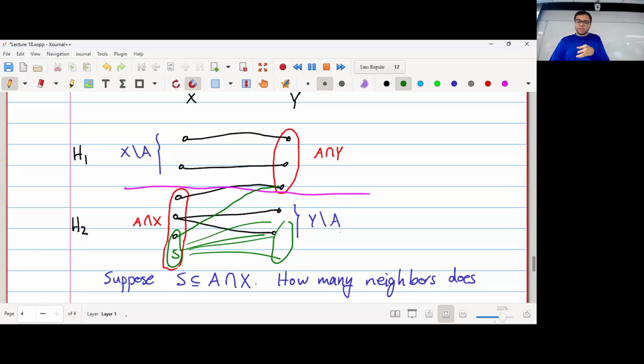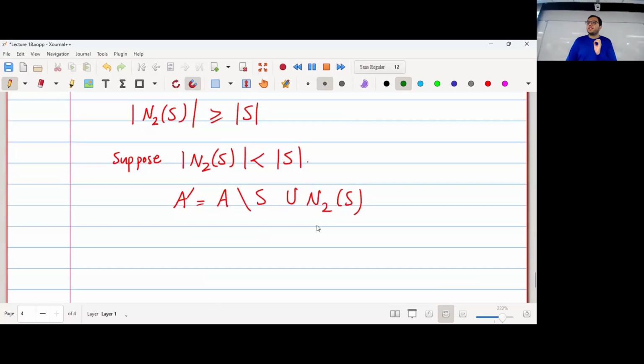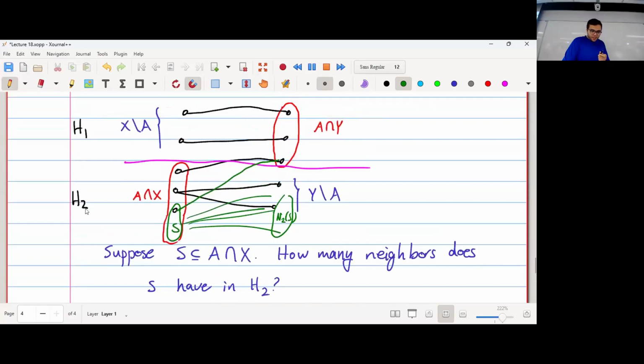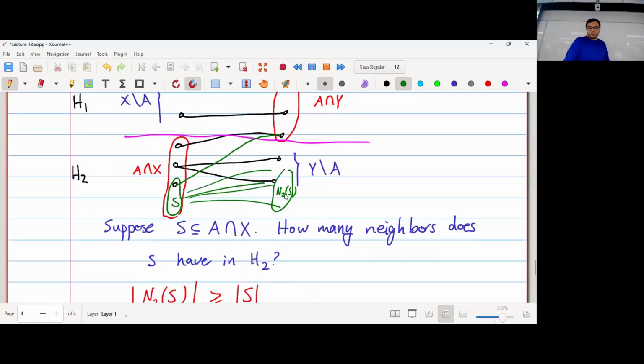But when I add these neighbors, those edges will also be covered. So if the size of this set, N2 of S, is smaller than the size of S itself, I can get a smaller vertex cover in my original graph. So this tells me that in this subgraph H2, the number of neighbors of S is greater than or equal to the size of S.